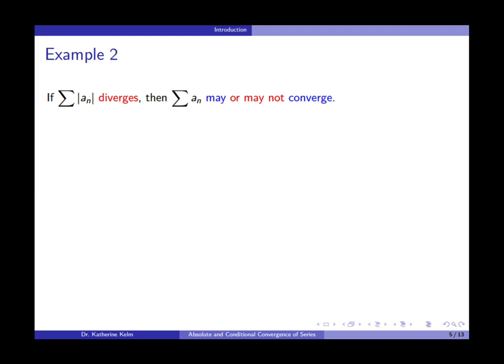One caution, however: if the series of absolute values diverges, then the original series may or may not converge. To illustrate this point, let a_n be (-1)^n times 1 over n. Then the absolute value of a_n is 1 over n.